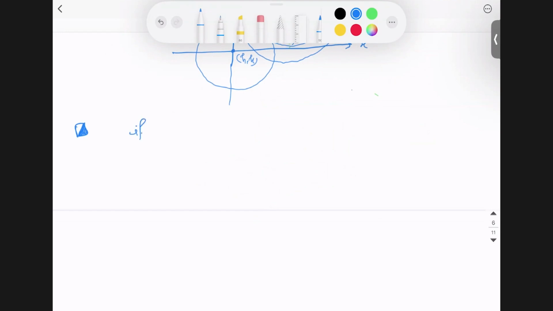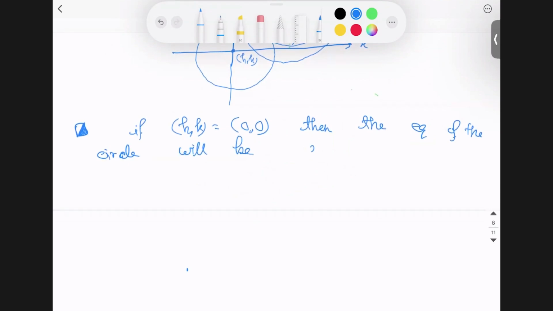If (h, k) equals (0, 0), then the equation of the circle will be x square plus y square equals r square. Okay. Now the r represents the radius of the circle.